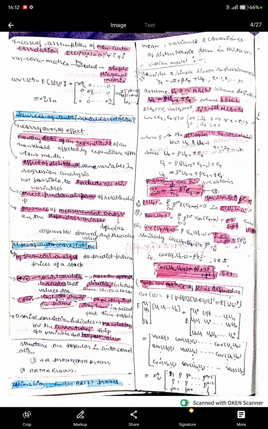Uses of autocorrelation by financial analysts: to predict future prices of a stock, we use autocorrelation. Second, when autocorrelation is negative, the serial correlation indicates that values move in the opposite direction in future time compared to now.